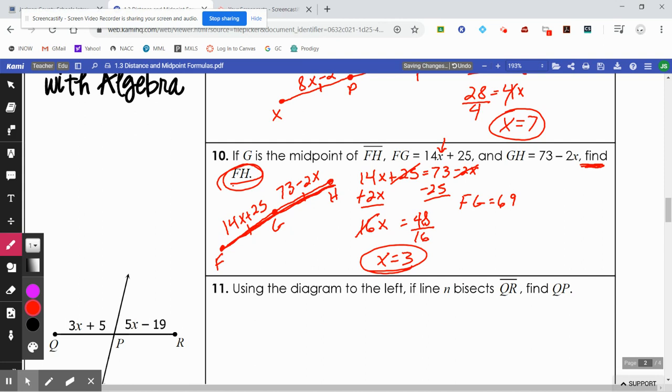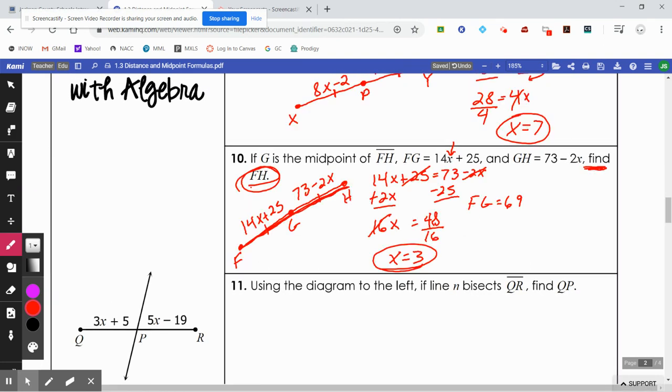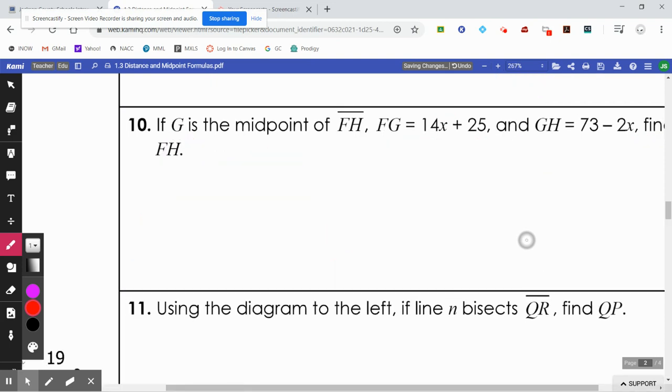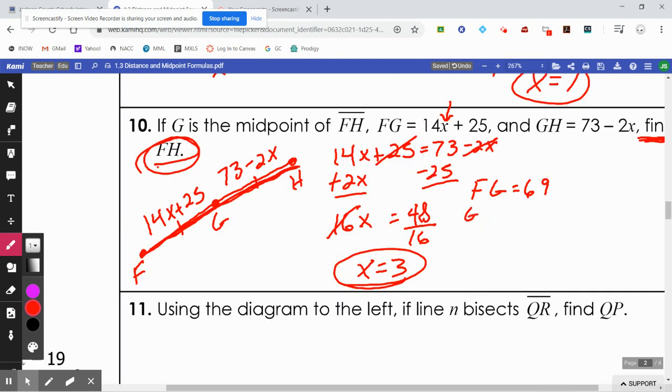When you plug in the 3 here for GH, that would be 73 minus 2 times 3, which is 6. 73 minus 6 gives me 67. So let me go back and double check my work here, and I did.